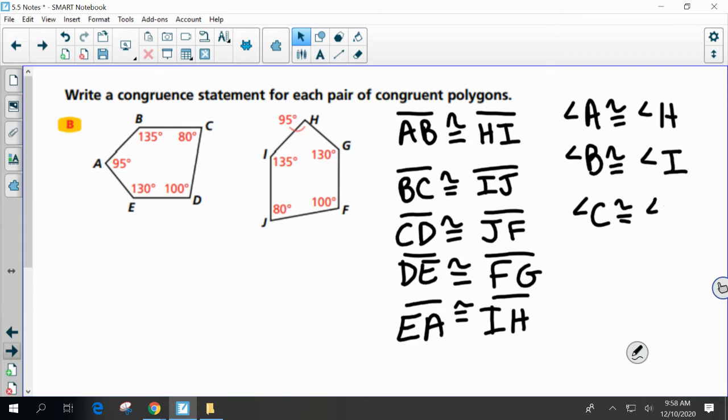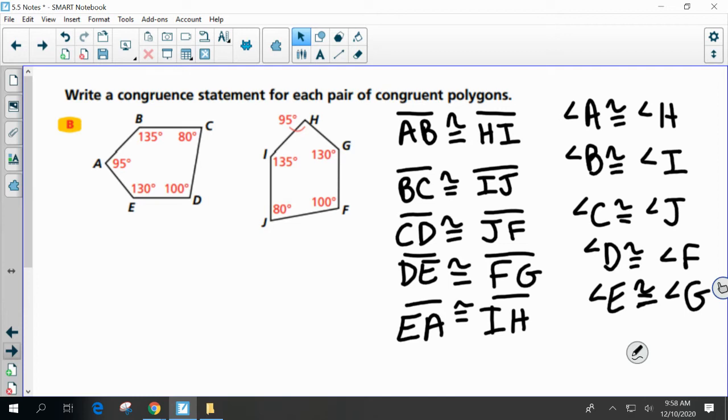J. Angle D is angle F. And angle E goes with angle G.